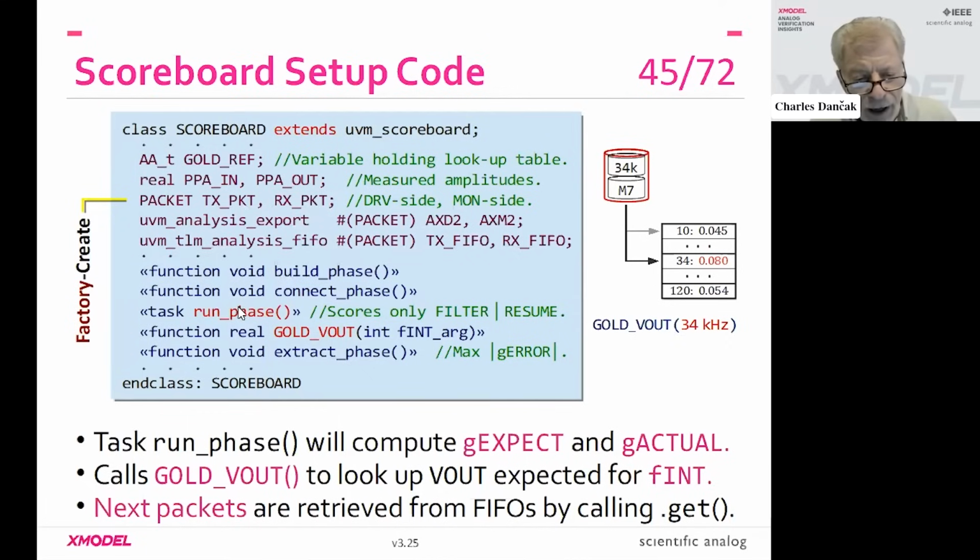And then during the run phase task, we're going to call this function goldVout, which scans through the lookup table stored in goldref, finds the closest match to 34, and outputs the real voltage, 80 millivolts. And so that's how we output the expected response.